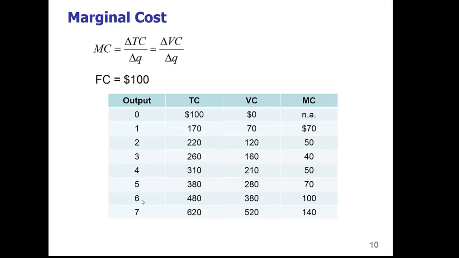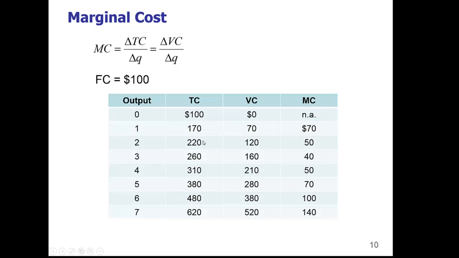And what this graph does is use the information from the previous slides to show that these two definitions of marginal cost are equivalent. Just reminding you that our fixed costs are 100, so the difference between these two columns here is going to be equal to fixed cost. But marginal cost is the change in total cost divided by the change in output, so $70 for the first unit.